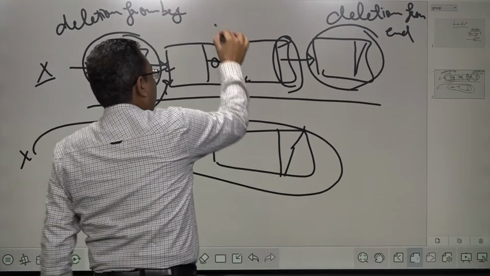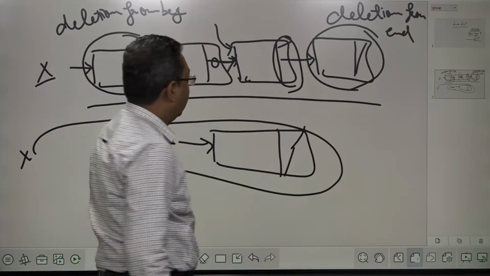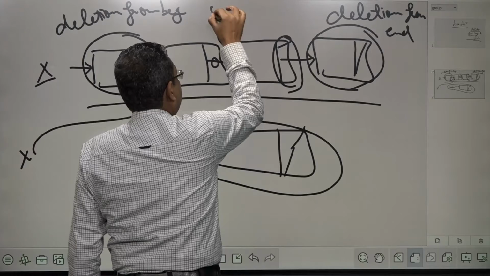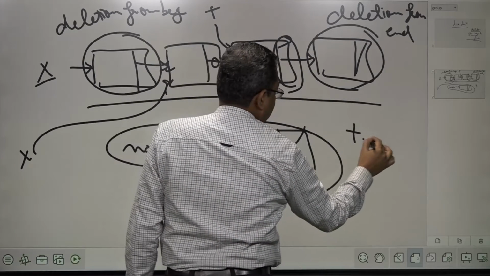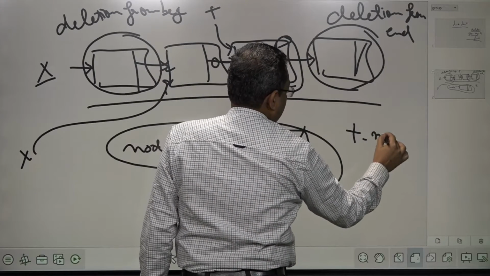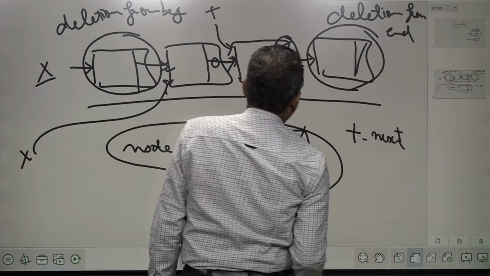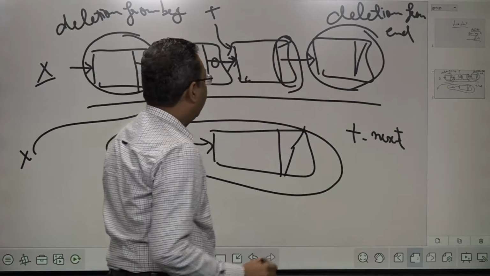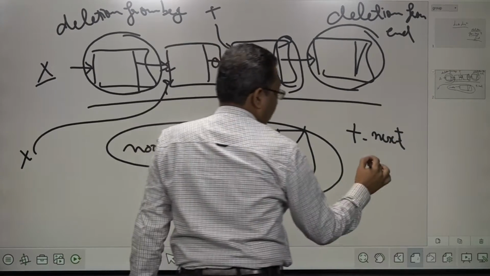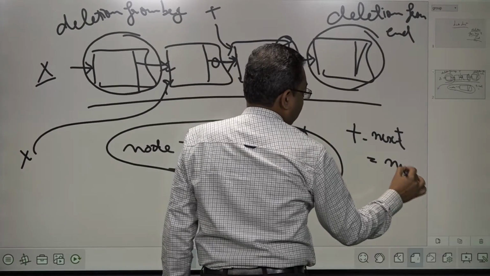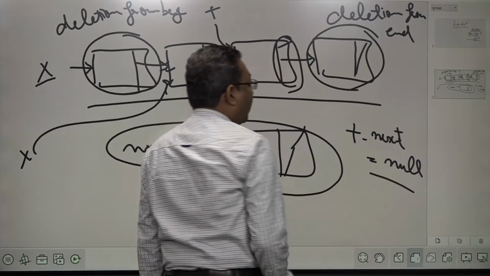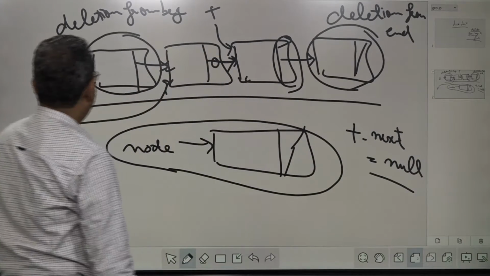Let's say this is t. Just set t dot next, or link, whatever variable name you have given for this, equal to null. That's all that you have to do, right?